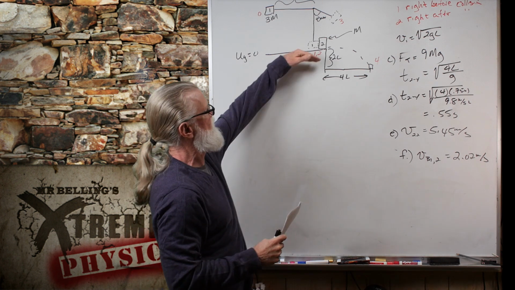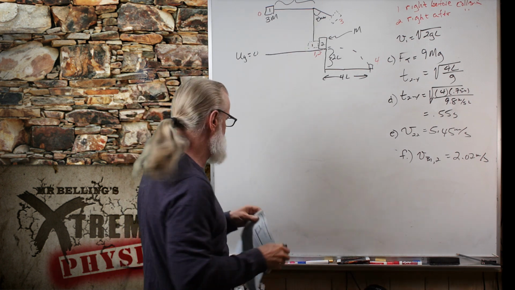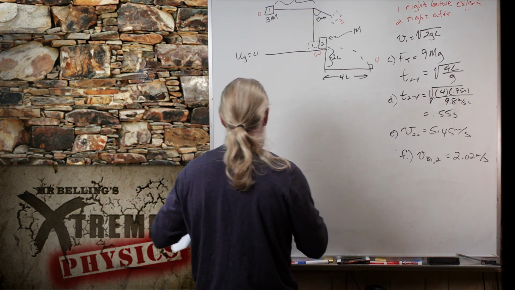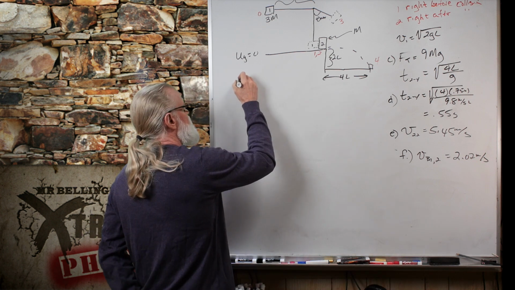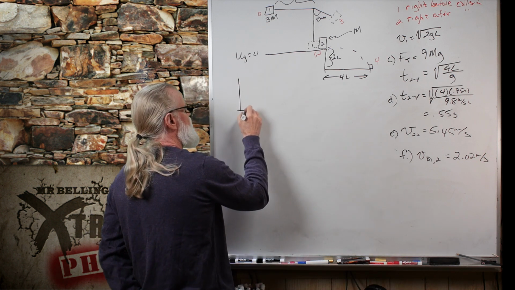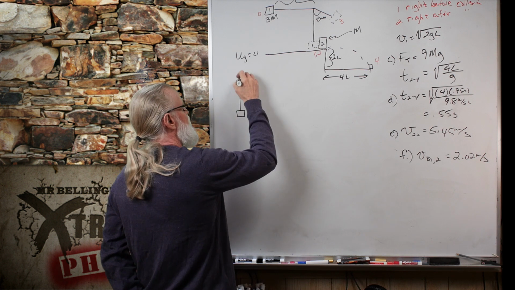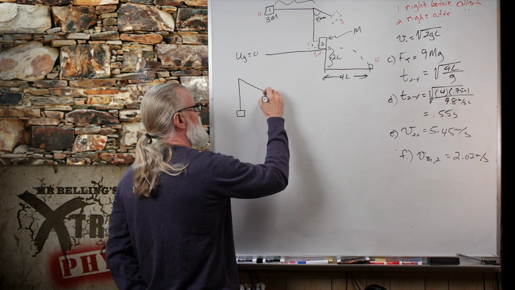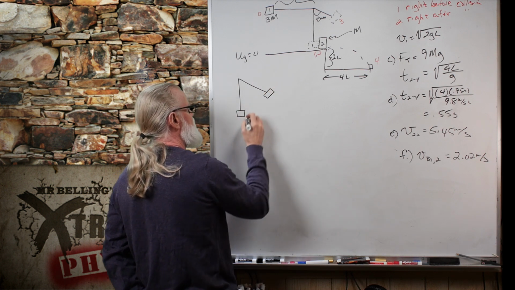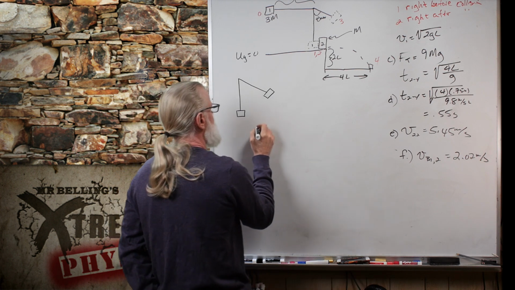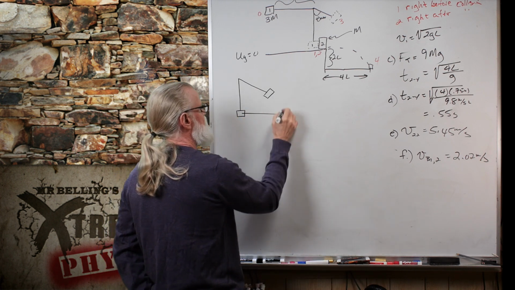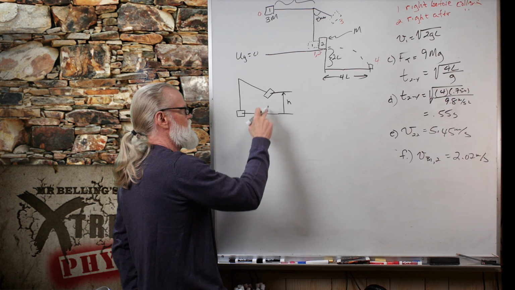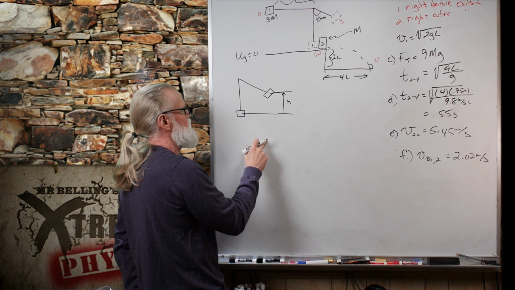To get that angle, we need to do a little analysis. It's going to be easy to figure out how high it goes, but we're going to need to relate that to an angle, right? So we're going to have to use this old trick, where this thing is here, and then it goes up to here, like that, and we want to know what this height is. It's going to gain gravitational potential energy, lose its kinetic energy.